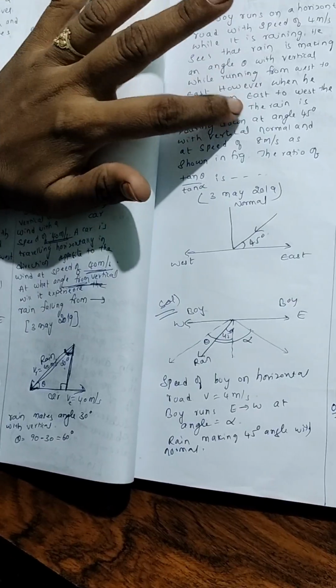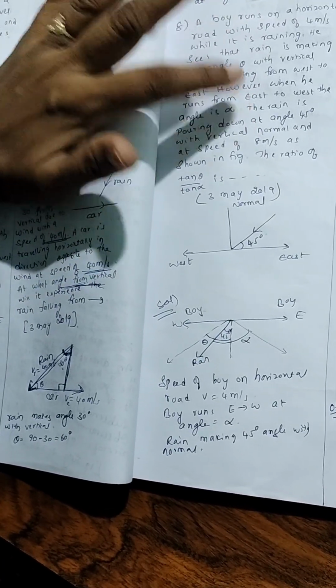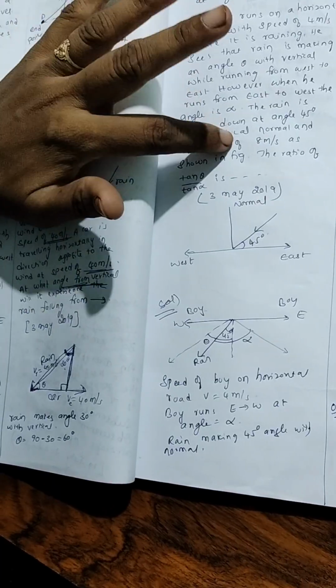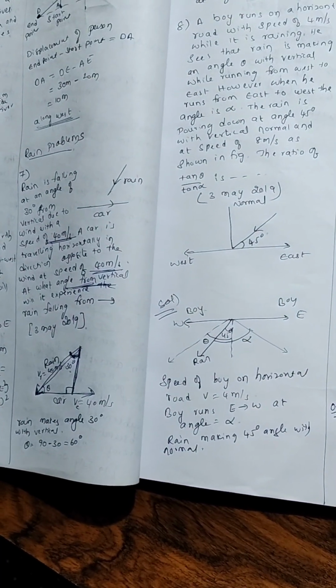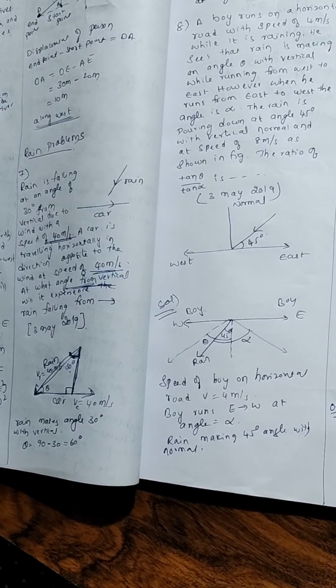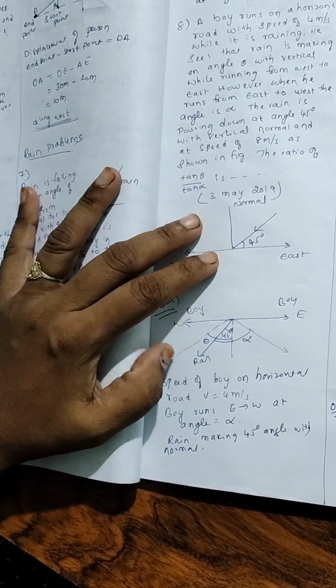The rain is pouring down at an angle 45 degrees with vertical, normal, and at speed 8 meter per second, as shown in the figure. He is asking to find the ratio tan theta by tan alpha. Here let us study this question in two cases. Okay.